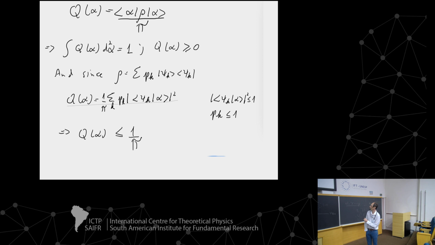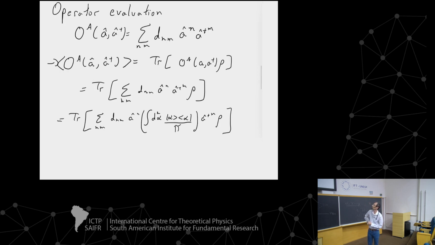This term is also bounded by 1, so the Q function is limited, has no divergences. So it's limited to 1 over pi. As far as we can see, there's no proof that it's smooth, but it has no divergences. It integrates up to 1. It's positive, so it's pretty nice.